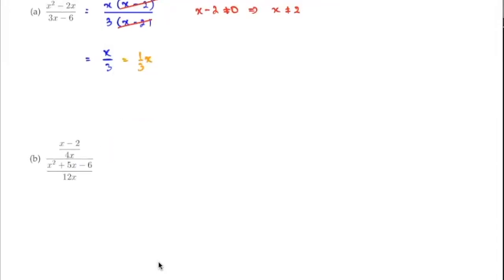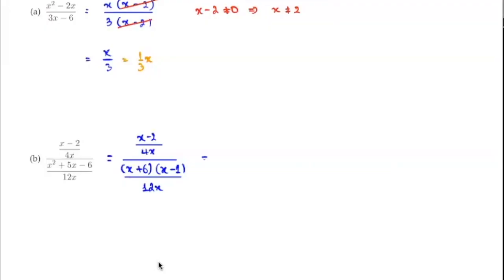Now it's a rational expression divided by another. So factor the numerator and denominator when possible. Let me start with this problem by factoring. So x squared plus 5x minus 6 can be factored into x plus 6 times x minus 1, divided by 12x.